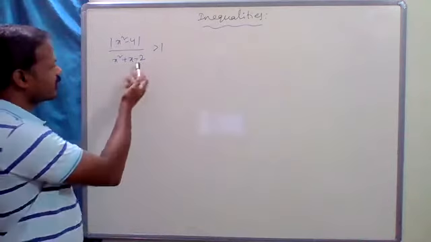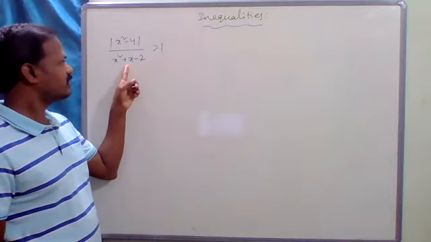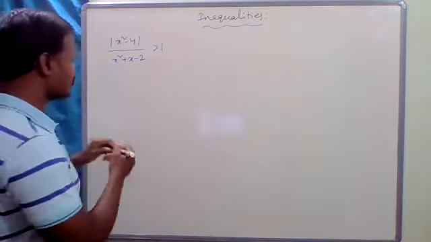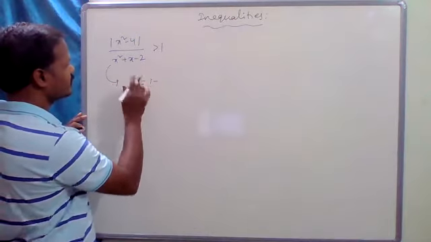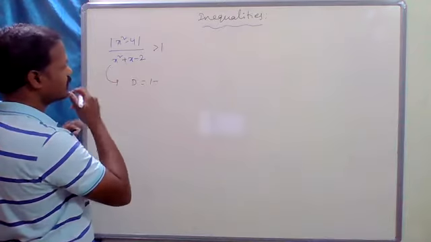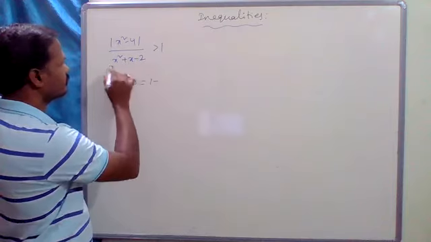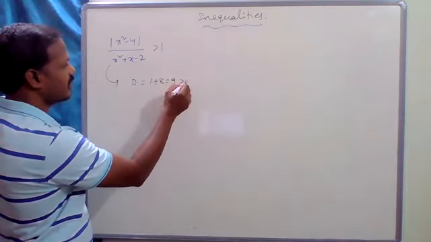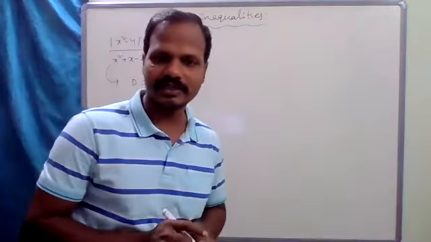So obviously the denominator is also positive. So what is the discriminant? b square minus 4ac. The discriminant is 9. Okay, the discriminant is greater than 0. So it has real roots.